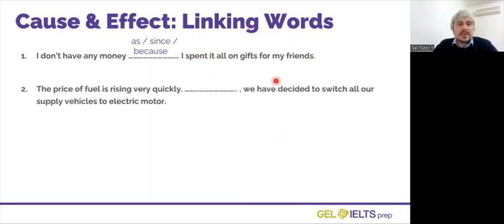Sentence number 2. The price of fuel is rising very quickly. We have decided to switch all our supply vehicles to electric motor. Look at the next question below the video and write a linking phrase to complete sentence number 2.